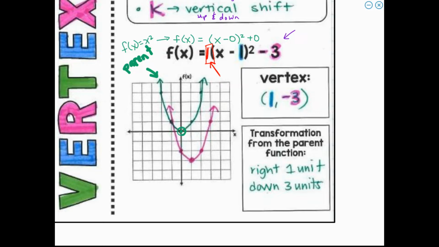So once you graph your vertex point right here, the pattern is going to still be the same. Up 1 and over 1. It doesn't matter which way you go over 1. Your other point gets reflected on the other side.